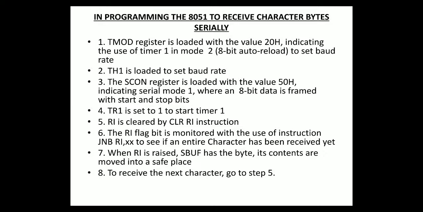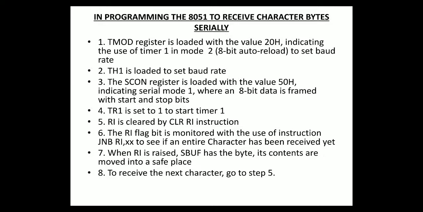Okay. So step number 1. The TMOD register is loaded with the value 20H. I think you know it is already fixed. Timer 1 in mode 2 operation to set the baud rate. Correct. Step number 2. TH1 is loaded with the required baud rate. You have to load the TH1 register with the baud rate required for your data transfer. The list of baud rates has already been given in the previous video series. We have done an assignment solution also for the baud rate calculations.